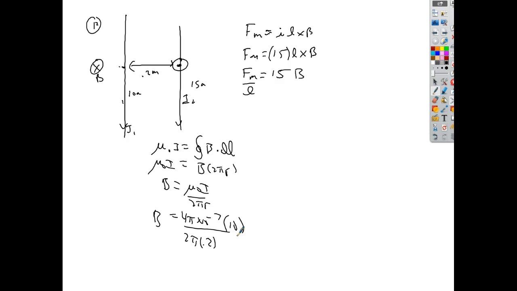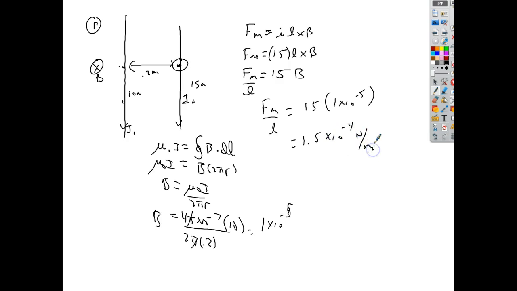Agreed? So then it's just a matter of canceling out my pi's. I've got a 4 over 0.2, so it becomes 0.1 times 10, so just 1 times 10 to the negative 7th, which is weird because they made that work out really nicely, didn't they? So my force of magnetism per length, this gets to be 1 times 10 to the negative, nope, I'm lying. It'd be 1 times 10 to the negative 5th, isn't it? And so this becomes 15 times 1 times 10 to the negative 5th, because that's the magnetic field. So I get 1.5 times 10 to the negative 4th newtons per meter.